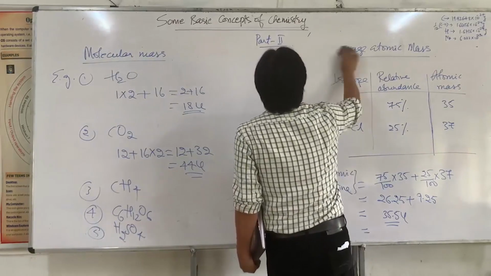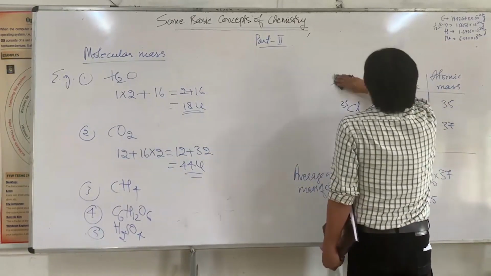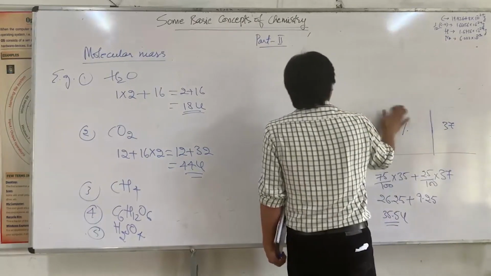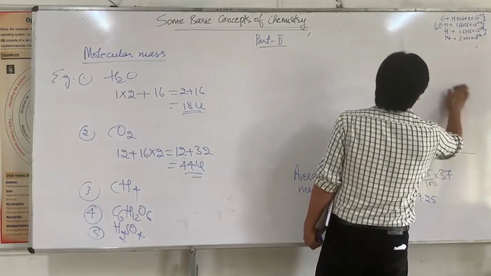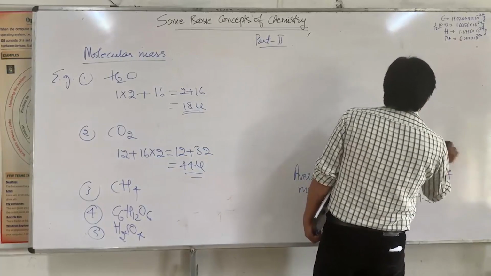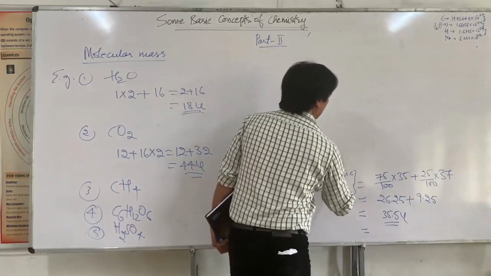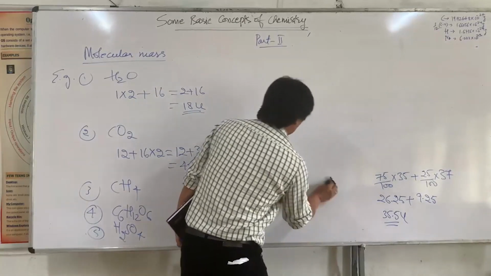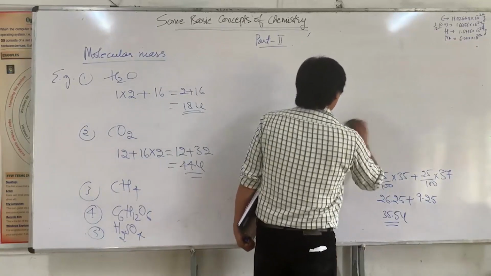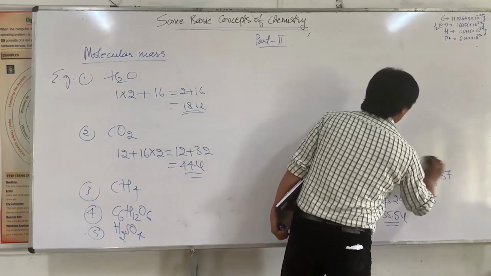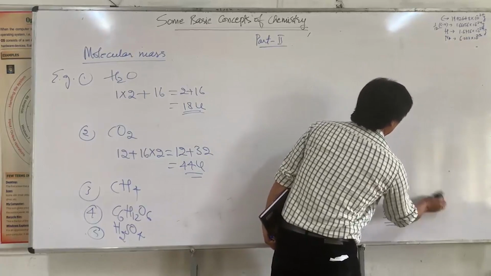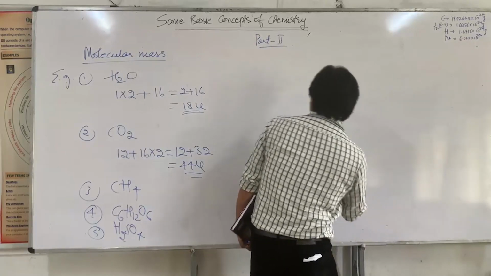And next, we have something called the formula mass. Now, why this formula mass? It's because in the case of ionic compounds, for instance, sodium chloride, NaCl, it is said that these entities do not exist as discrete molecules.